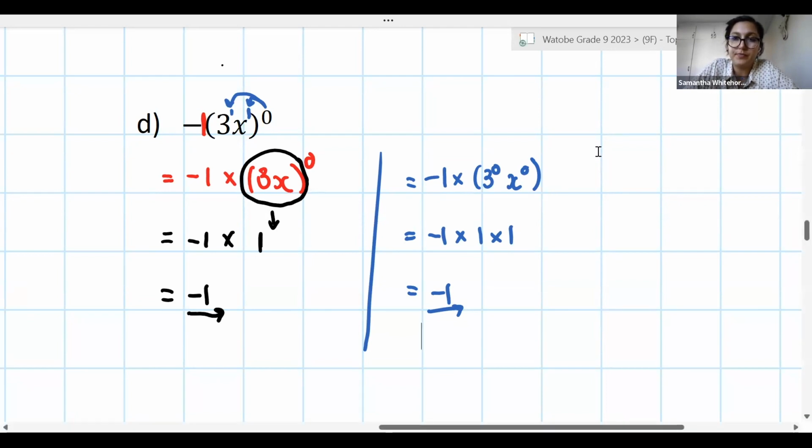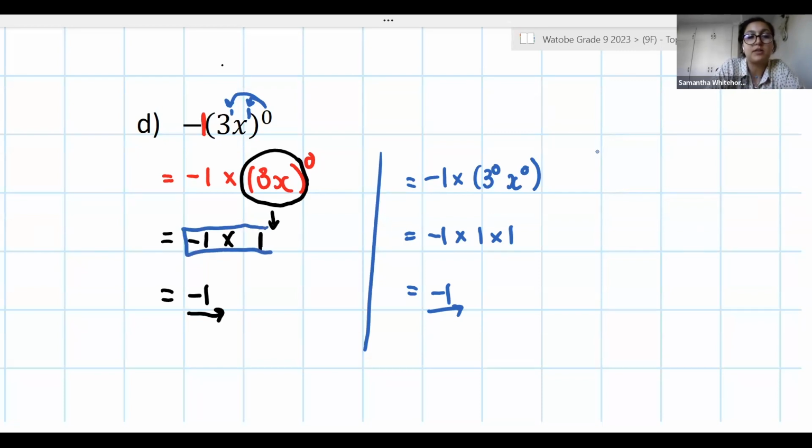Tandor? Hello, ma'am. Ma'am, I don't understand how you got to -1. Okay, so I got to -1 because if we go on the left here, a negative times a positive is a negative, and 1 times 1 is 1. So it needs to be -1. Okay, I'm actually asking from the very beginning. Oh, that, yes, okay.